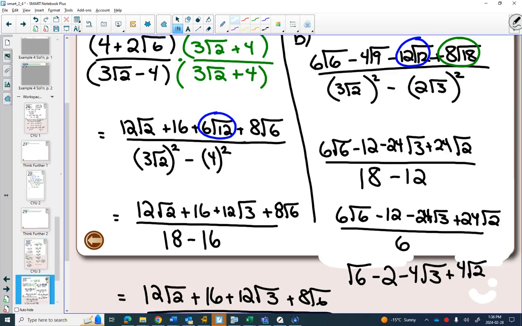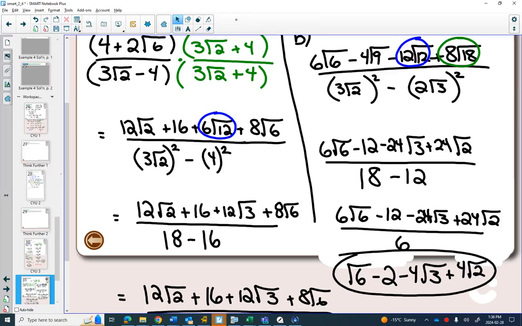Everything divided by 6. Whew, I should circle. My final answer has no square roots on the bottom, has no square roots that can be simplified further, it has no like terms. This is as simple as it gets.